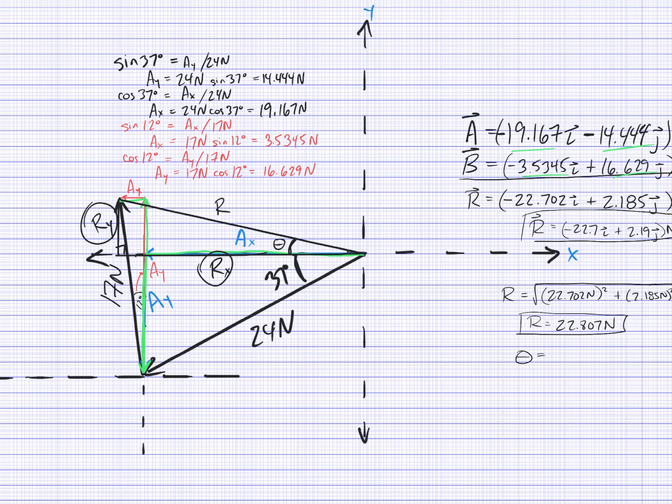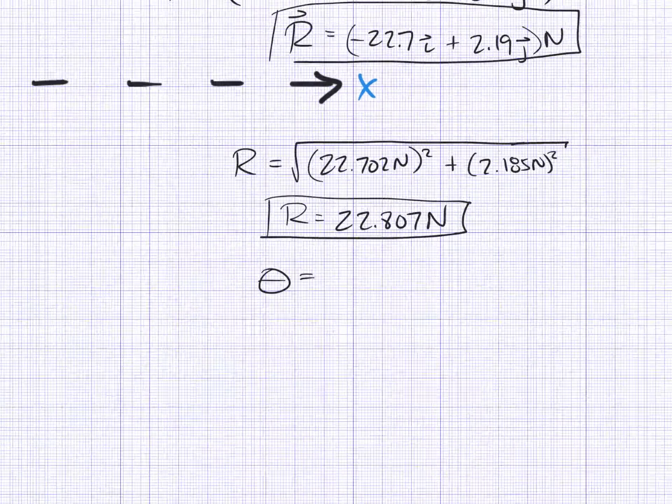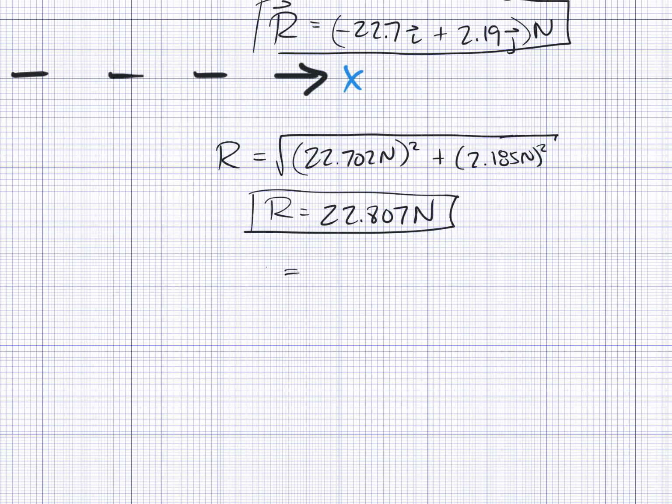opposite over the adjacent. I'm going to erase this because I jumped ahead of myself a little bit. The tangent of that angle is the opposite, which is Ry, over Rx, the opposite over the adjacent. So we plug those numbers in. Tan theta equals the opposite, 2.185 newtons, divided by the adjacent, 22.702 newtons.